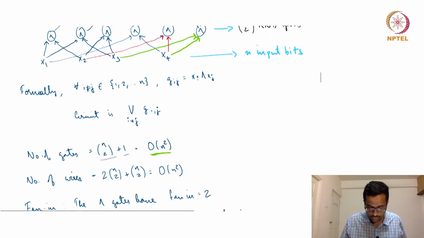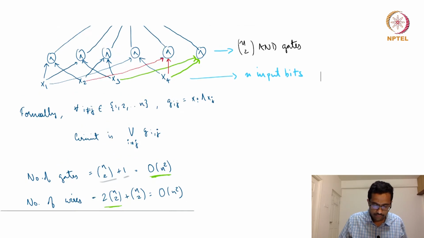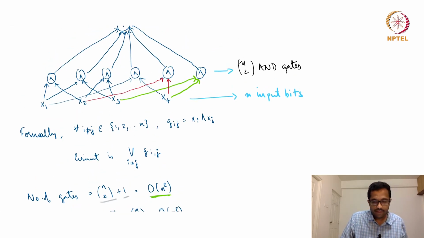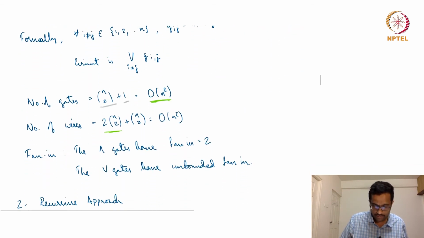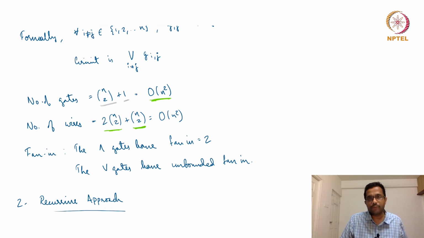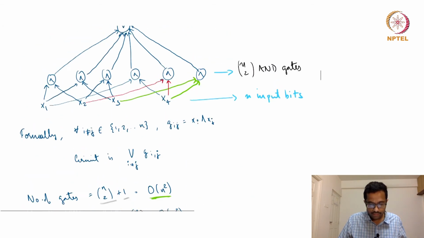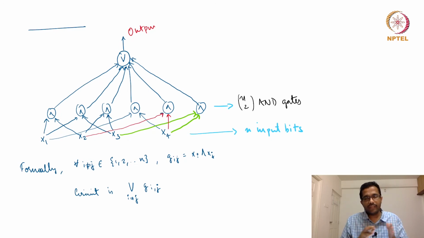So 2 times n choose 2 wires go to the first level of gates, and above there is an OR gate that takes one input from each of these AND gates, so that is n choose 2 wires. So the total is 3 times n choose 2, which is asymptotically order n squared. So both the number of gates and the number of wires are order n squared. And fan-in is the maximum number of inputs that any gate has.